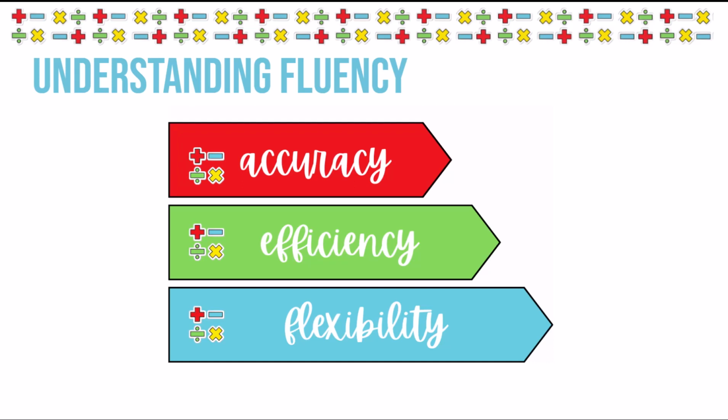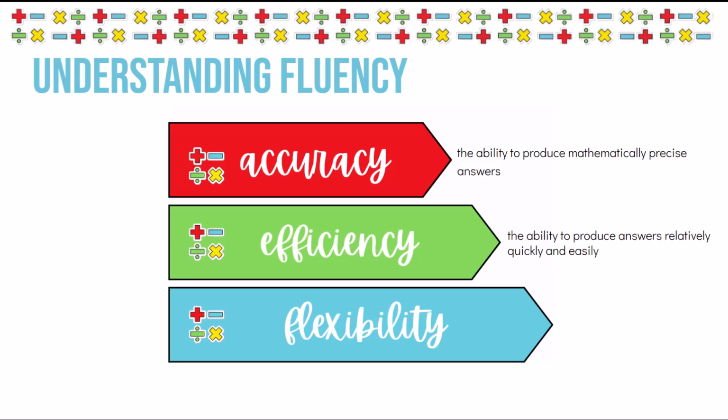Defined, accuracy is the ability to produce mathematically precise answers. Efficiency is the ability to produce answers relatively quickly and easily. And flexibility is the ability to think about a problem in more than one way and to adapt or adjust thinking if necessary.